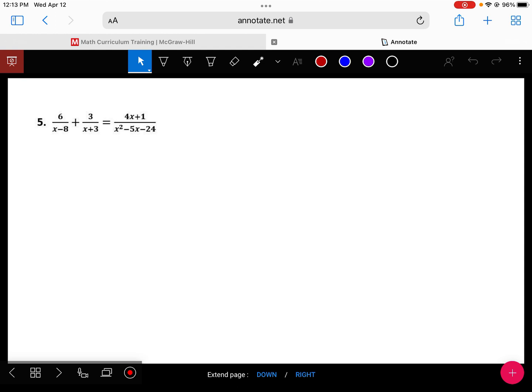Minus 4x on both sides. Which gives me what? 5x is equal to 7. Last but not least, divide by 5 on both sides. What is 7 divided by 5? X equals 1.4, or you could leave that as the fraction, 7 over 5.